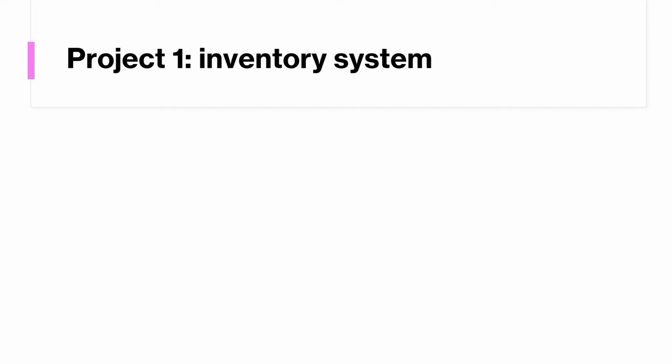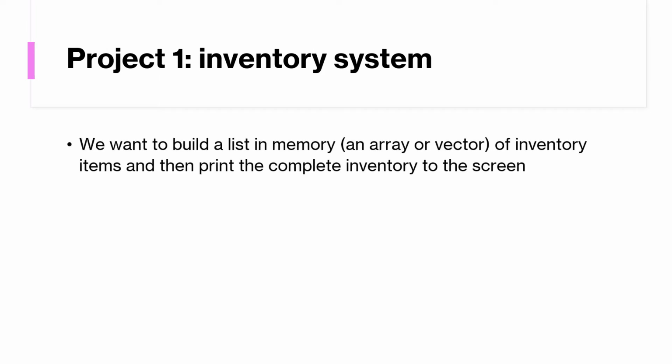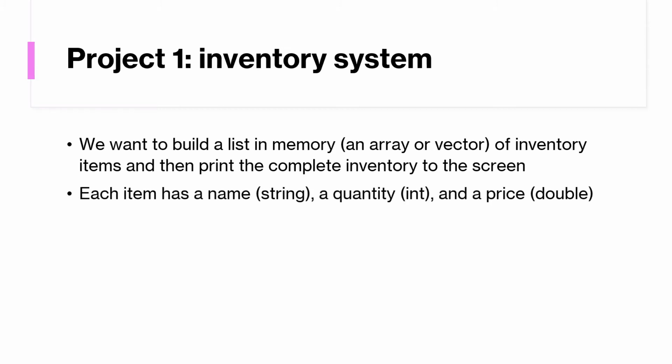Okay, so our first project here is going to be an inventory system. We want to build a list in memory of inventory items, and then print the complete inventory to the screen when we're done. We know that each item has a name, a quantity, and a price.